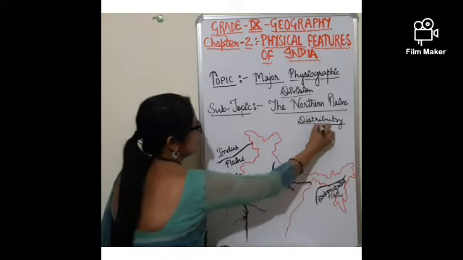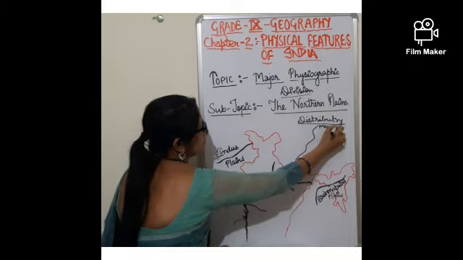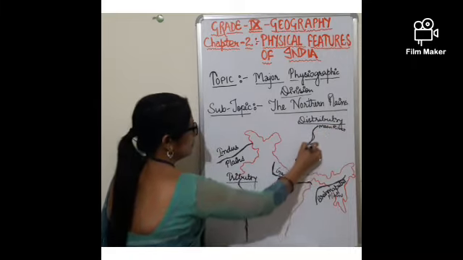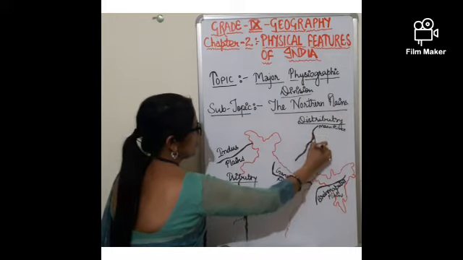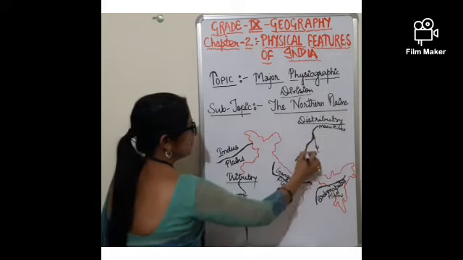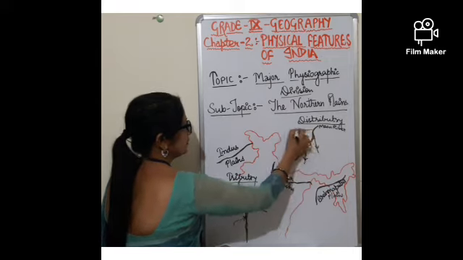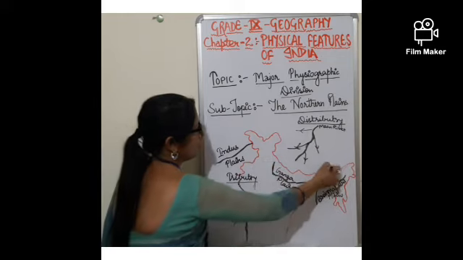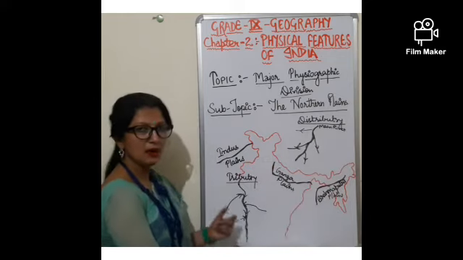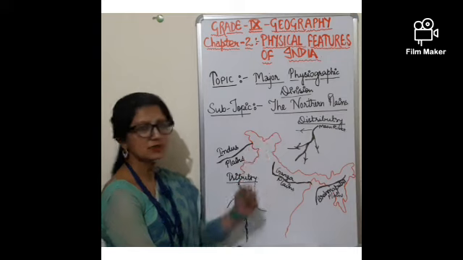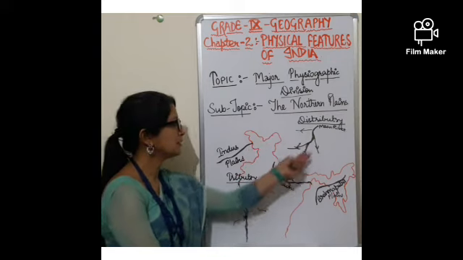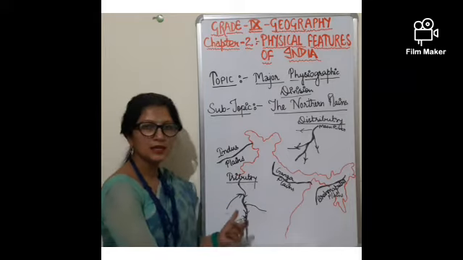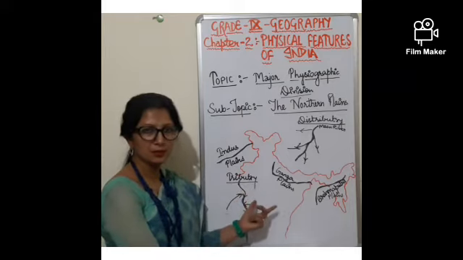Suppose this is the main river. If the river water gets divided into small rivers and forms different branches, that is called a distributary. It means water is being divided into different rivers. So children, this is a very important difference between distributary and tributary.